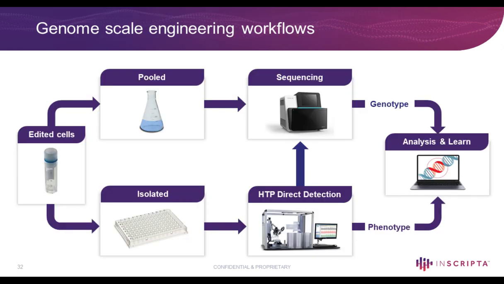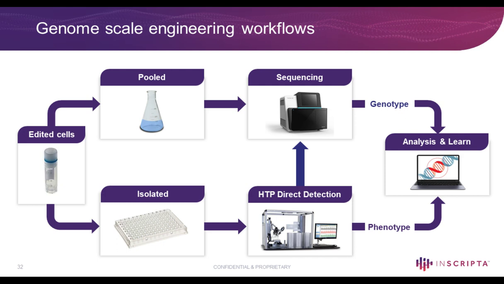So the overall workflow here that we talked about is we take that edited cell, and we can either take it to isolated cells and look at responses, or take whole pooled samples, which is what we did in this case. Downstream of that, we can screen for either phenotypic responses with direct detection of behaviors of the cells or proteins.